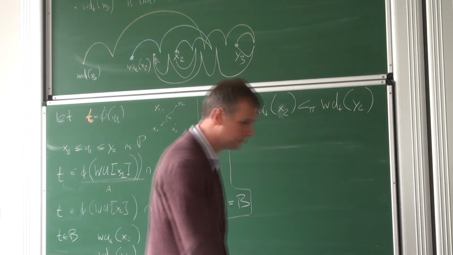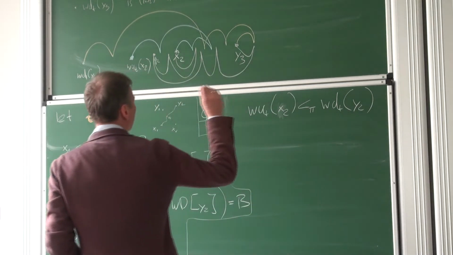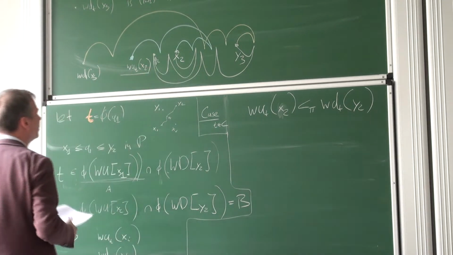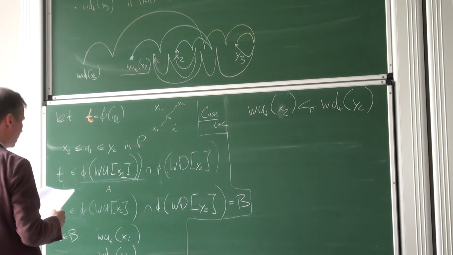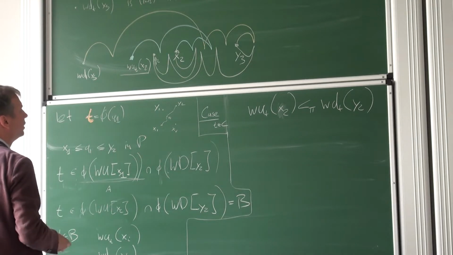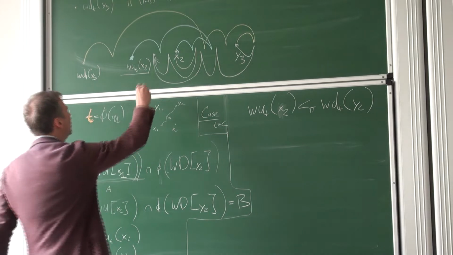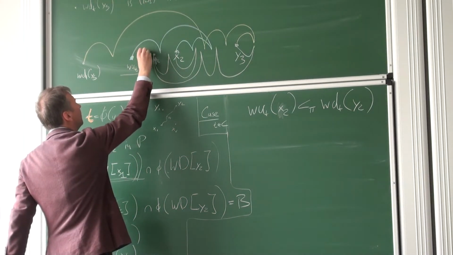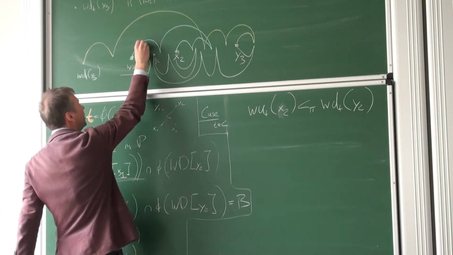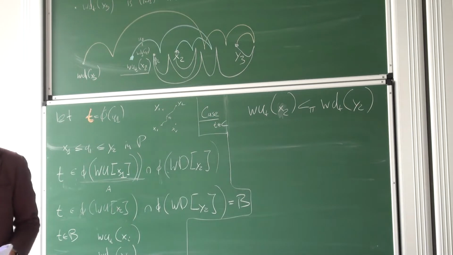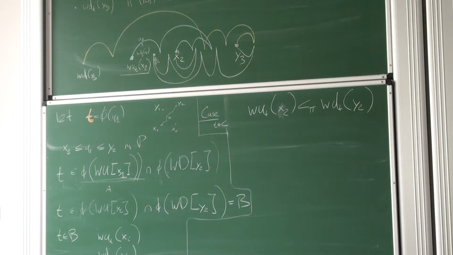So I know that WUT x2 is less than WDT y2, which is exactly Q1, which is less or equal than Q2.